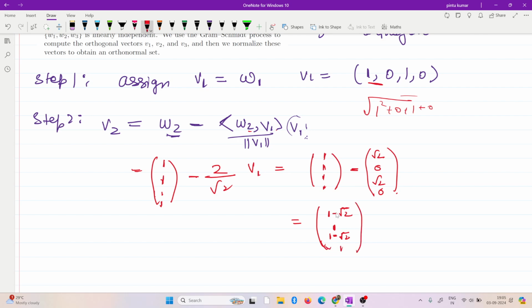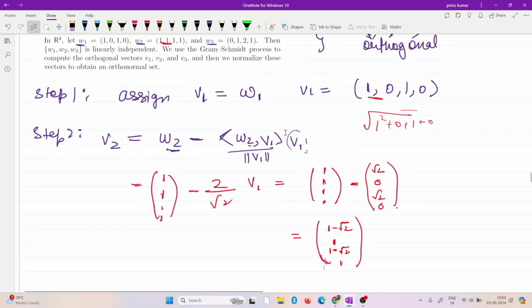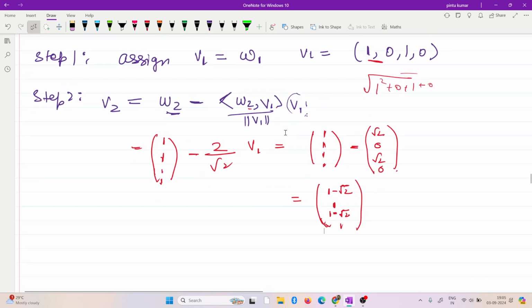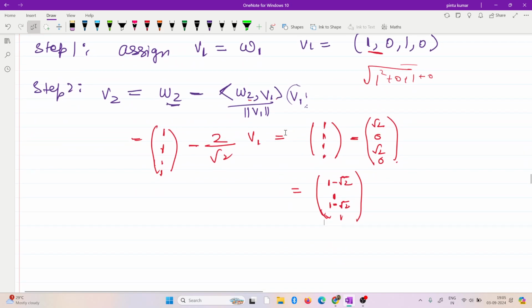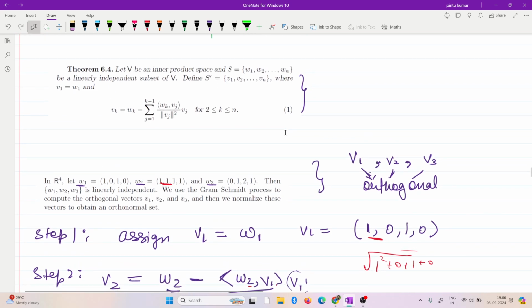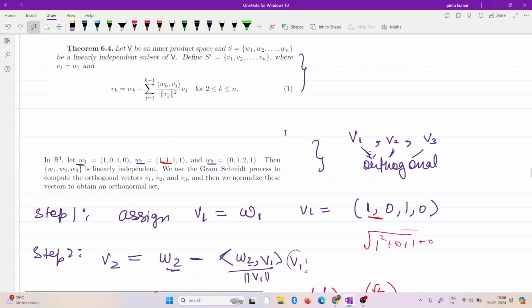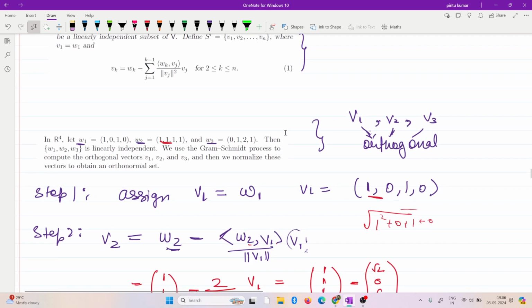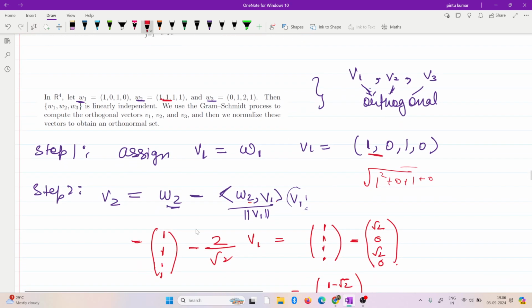This is what I have obtained my V2 to be. I hope this is correct. Okay, sorry, this is norm square, not norm. So I will have 2 only over here.